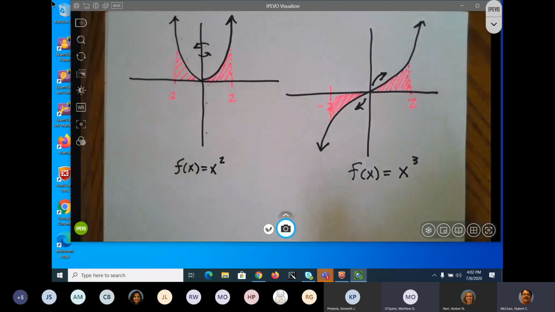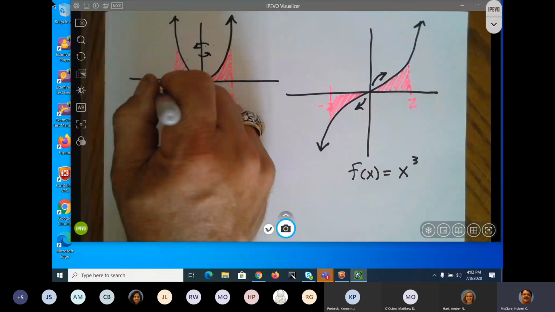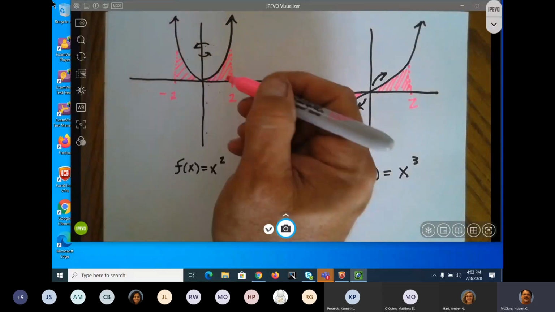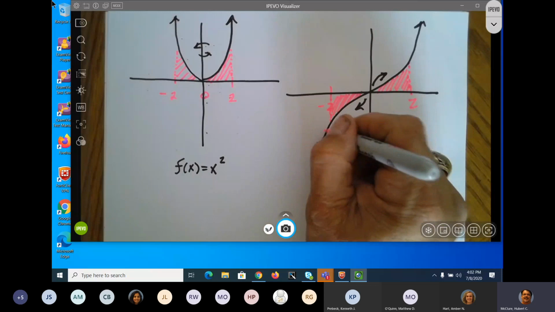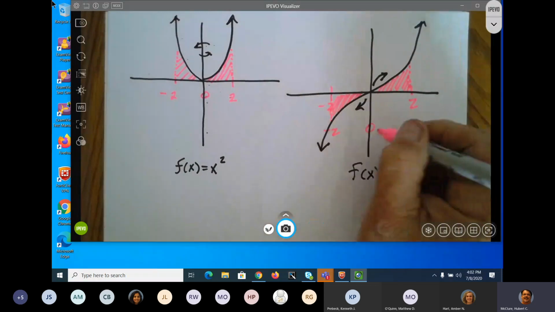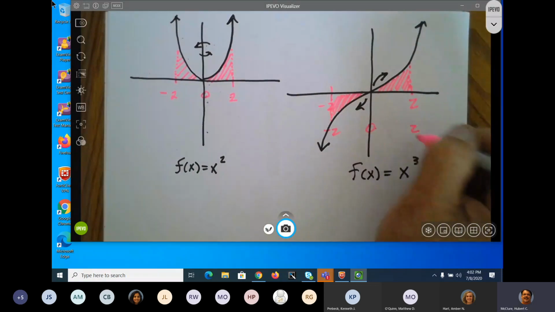Exactly. You can do it that way, and another way is just do it from -2 to +2. But you'd have to go from -2 to 0, and then from 0 to 2. And this one would be -2 to 0 and 0 to 2. So that's two ways to do it.